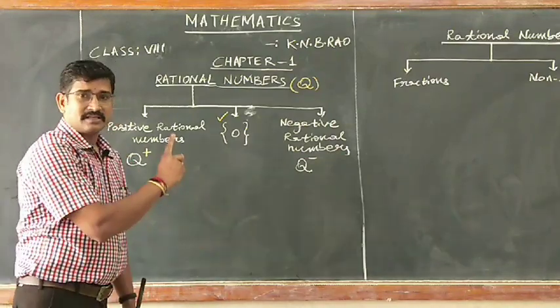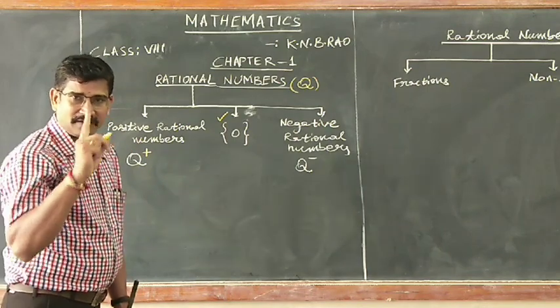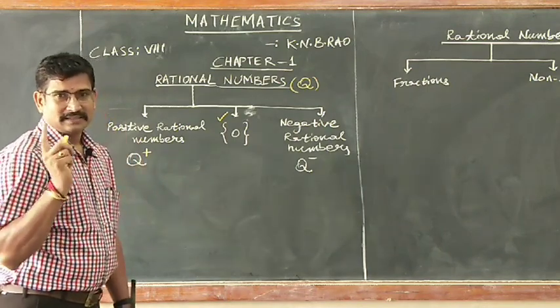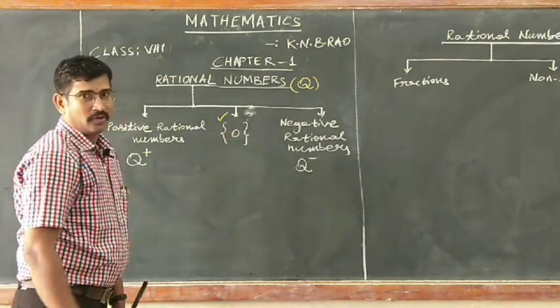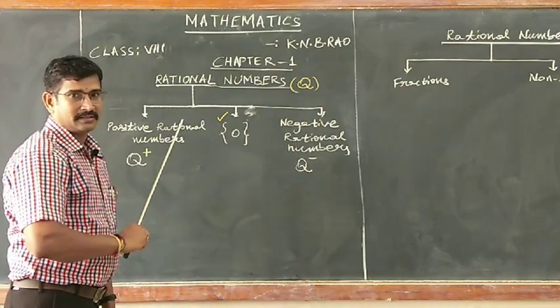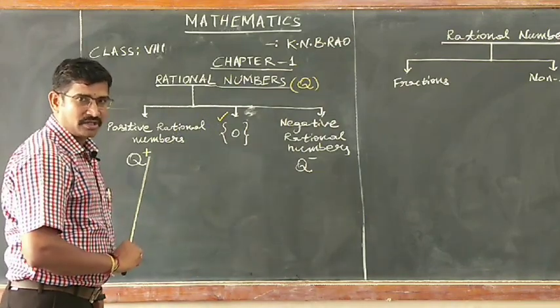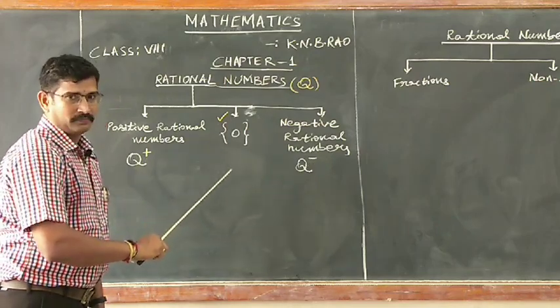It is a group of numbers having one and only one number in it. So, totally, rational numbers are divided into three parts: positive rational numbers, negative rational numbers, and 0 alone.